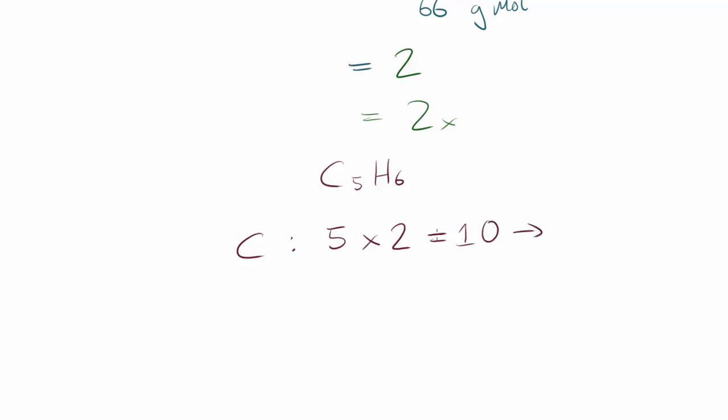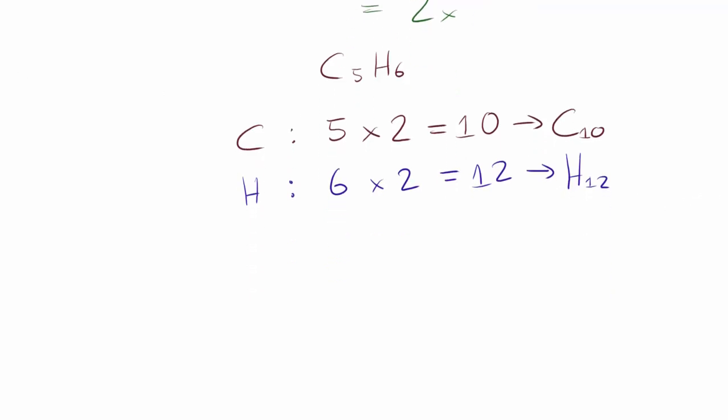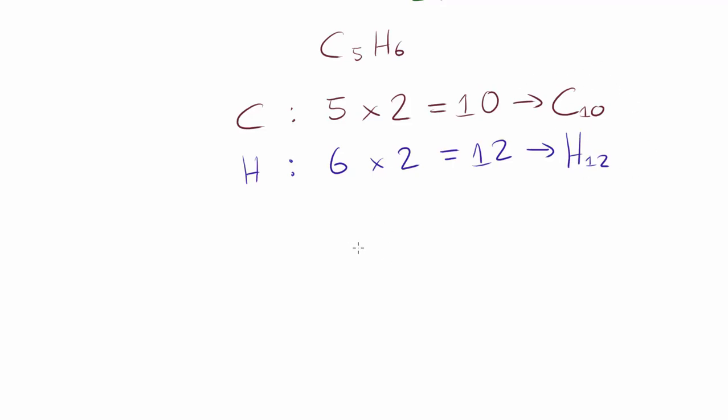Therefore for the carbon component of our molecular formula, we're going to have C10. Now let's do hydrogen. For hydrogen, a similar process, but in this case we've got a 6 corresponding with the hydrogen, so we're going to do 6 times 2. And what's that going to give us? That's going to give us 12. And for hydrogen, what corresponds is H12.